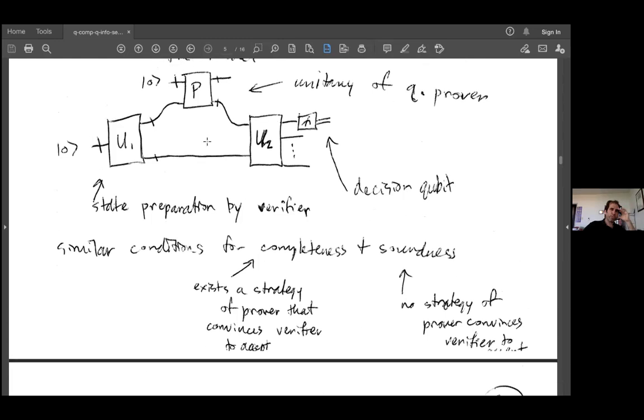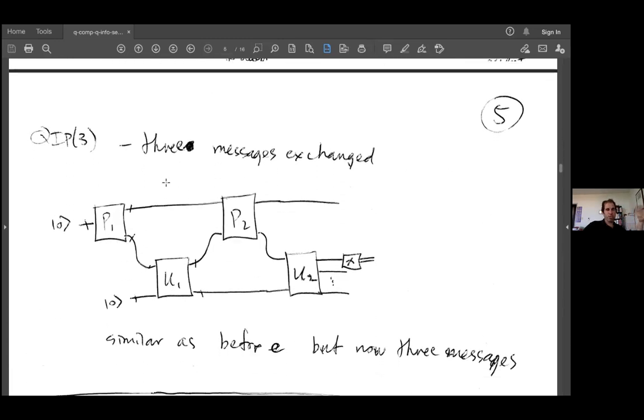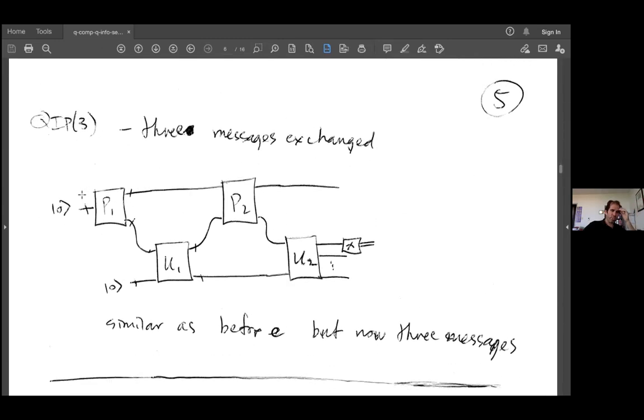So that's QIP2. And then we can go on. QIP3, 3 messages exchanged, 1, 2, 3. With QIP3, to count the number of messages, you start from the final one and go backwards. And so then we figure out that, if there are 3 messages exchanged, the prover goes first. Okay. So it's similar as before, but now 3 messages are exchanged.